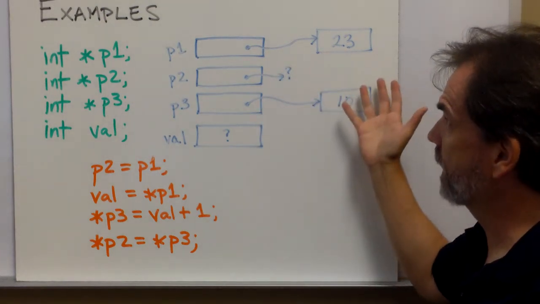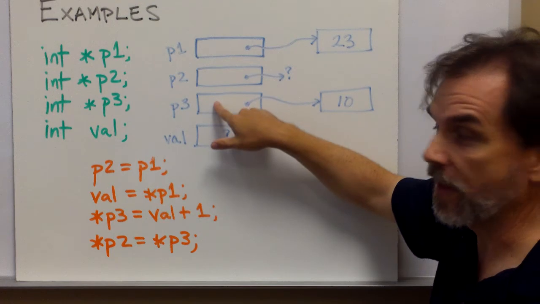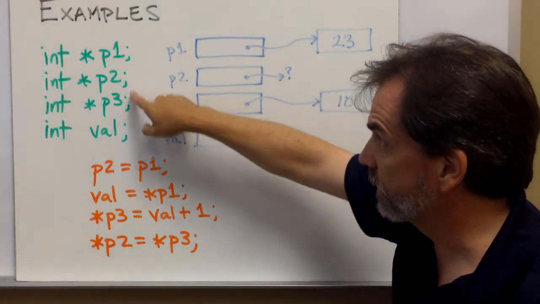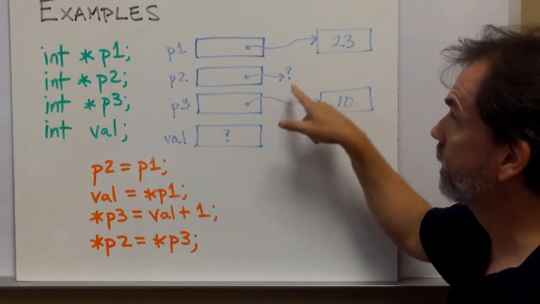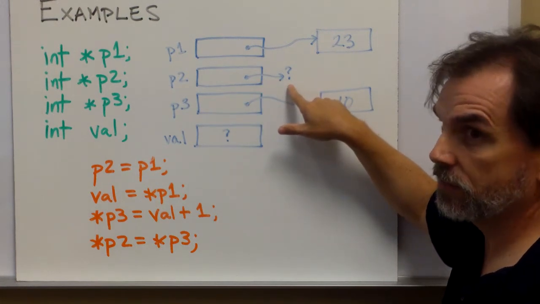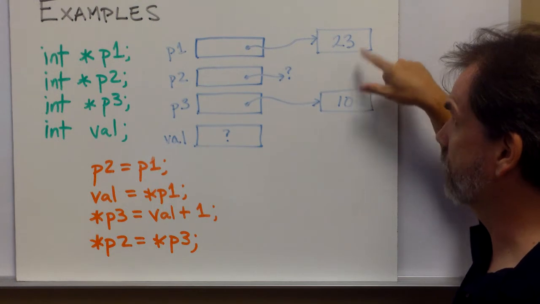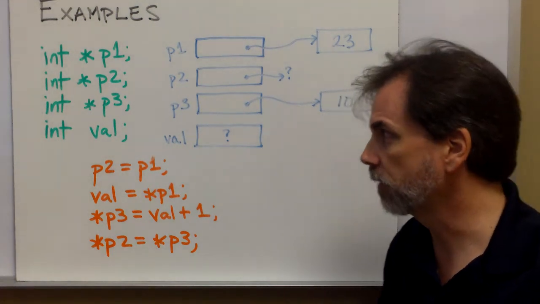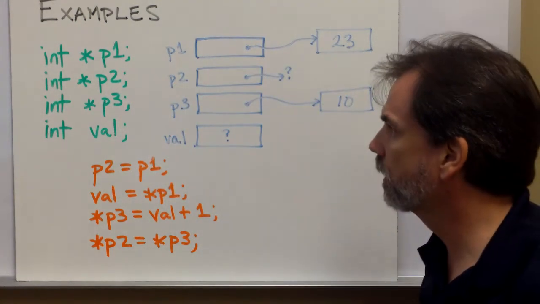We don't know how it got to be this way, but if there's a value in here, and there always is a value, we interpret it as a pointer because that's what we said is going to be stored in these boxes, and it points to something. And if we don't know what it points to, we can draw this. Here I'm assuming it points to some other memory location that holds these values here, just for the sake of this example. This declaration doesn't do this, but it does this part.